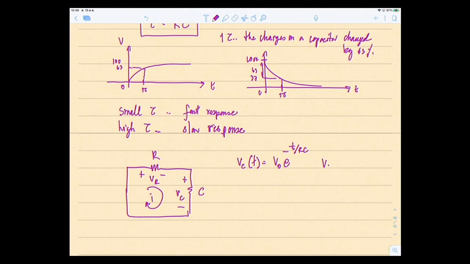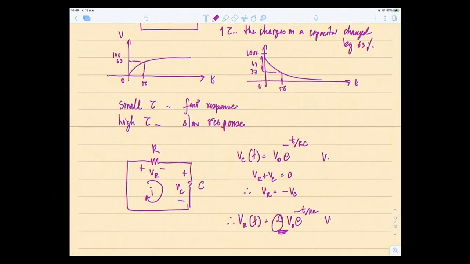If I want to find VR, we started off with VR plus VC equal to 0, so VR is equal to minus VC. So my voltage drop across R of t is equal to minus V naught e to the minus t over RC. The answer turned out to be negative. That means if you actually connected this, the polarity would be reversed, positive, negative. VC is positive, so it stays as you assigned it before.